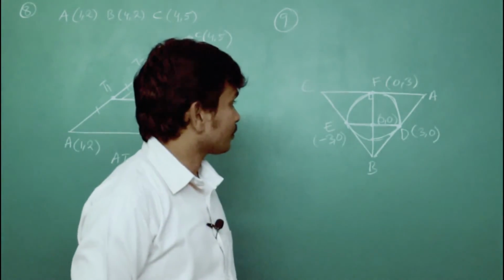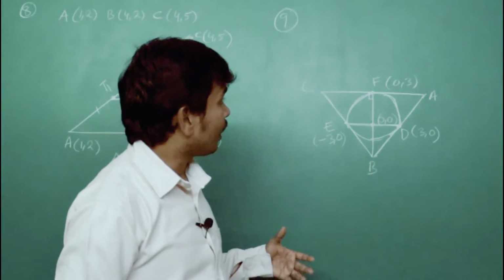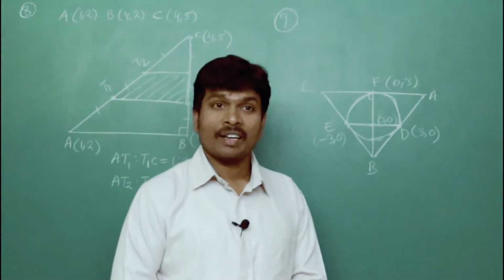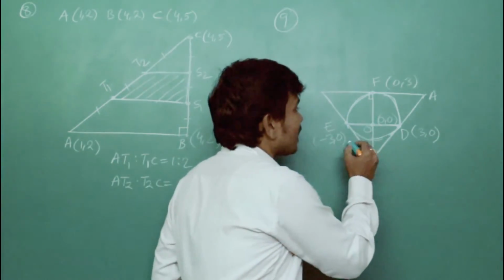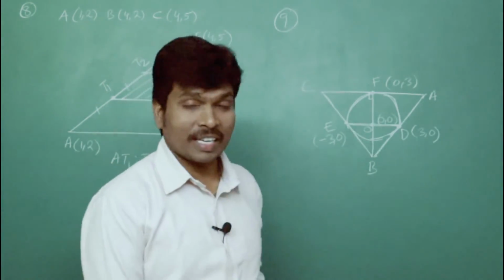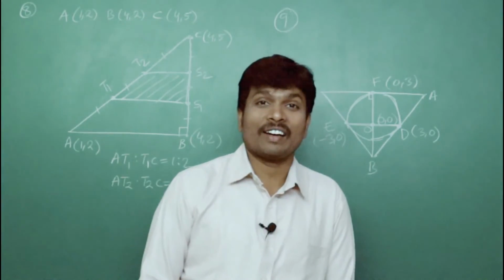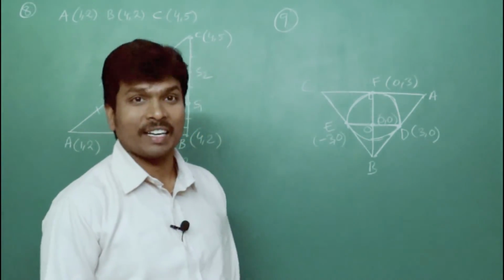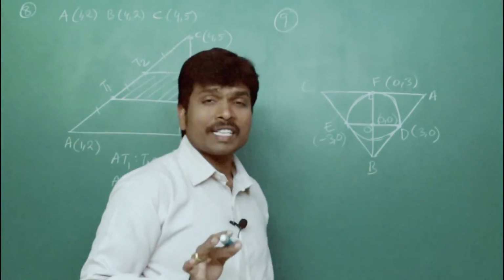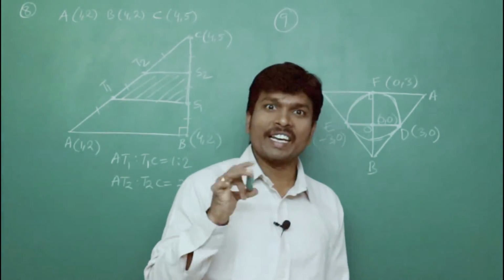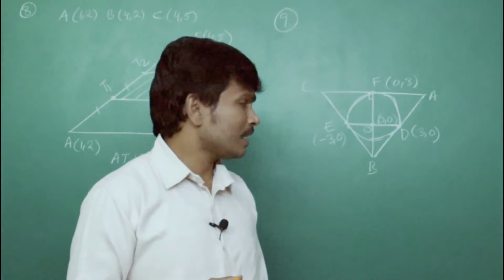Okay. We need to find the radius of the circle. Now I am taking the origin as the center of the circle. Is it right or wrong? First you must say whether it is right or wrong. I am taking the origin as the center of the incircle.